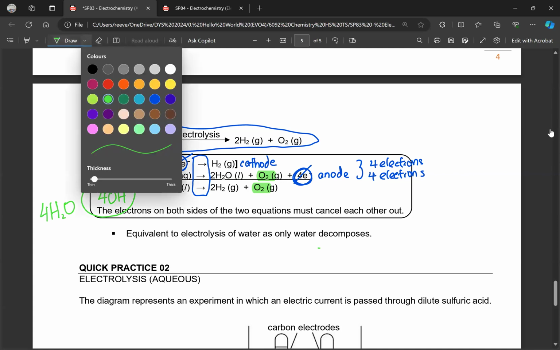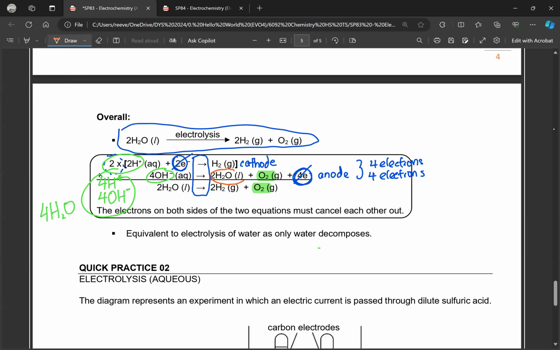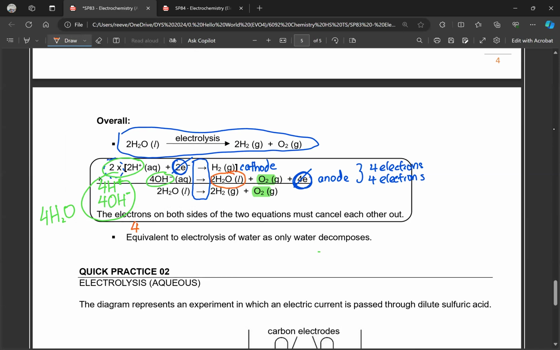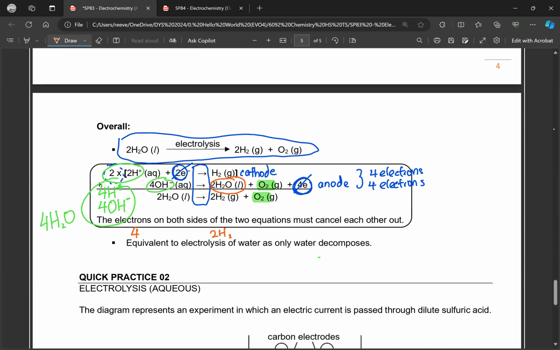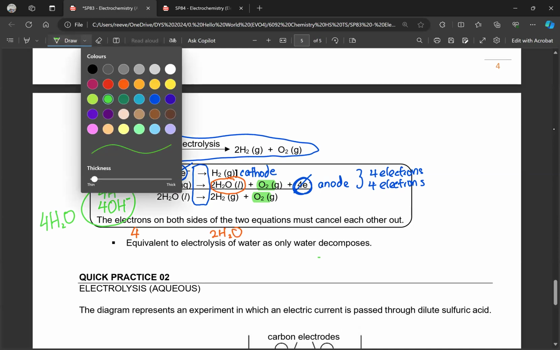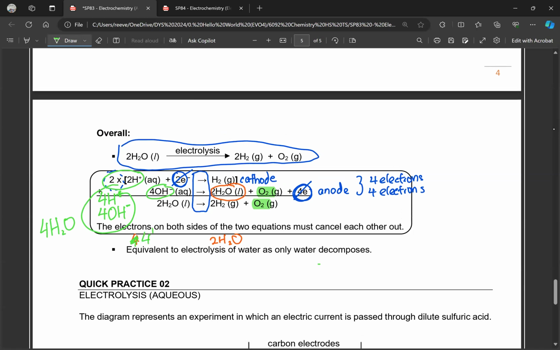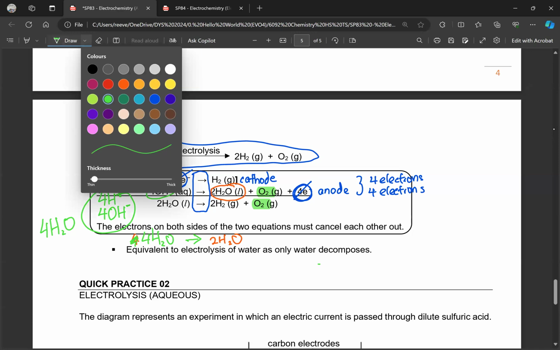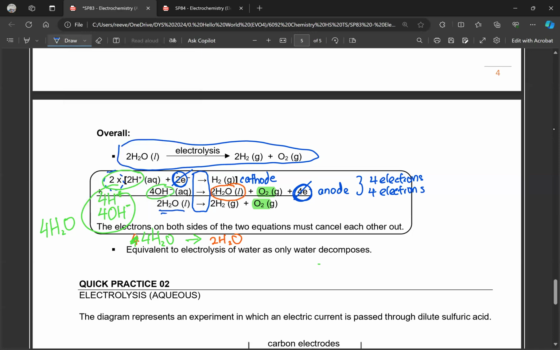On my right hand side, I have 2H2O. So 4H2O here and 2H2O here, with an arrow, means the net balance: you're going to cancel 4 and 2. You cancel, and you'll get your 2H2O.